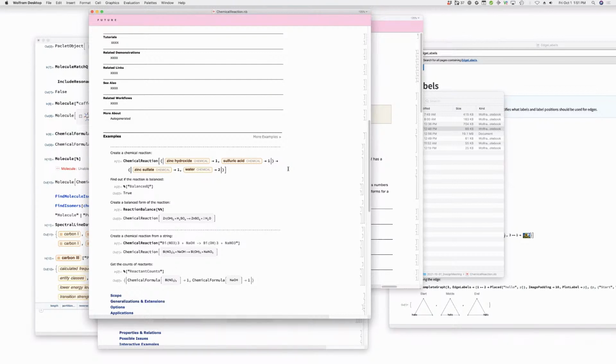I'm wondering, sure, you can have this property, but I just wonder if it's the thing that you're always doing: is this reaction balanced?